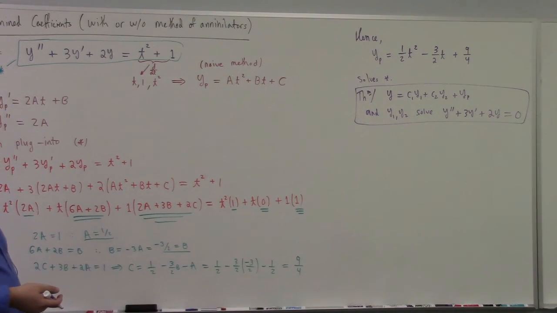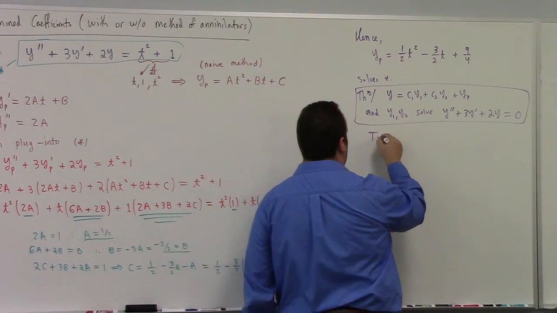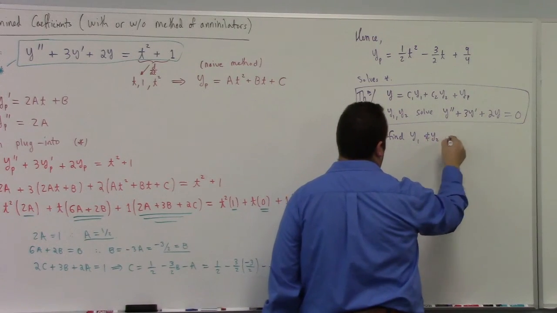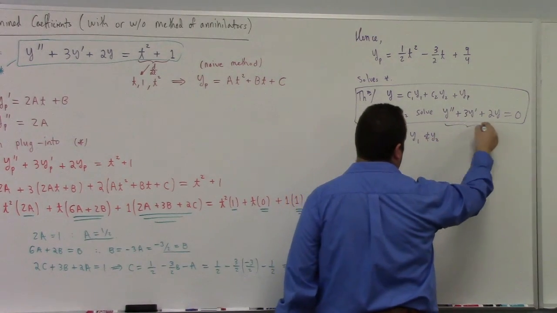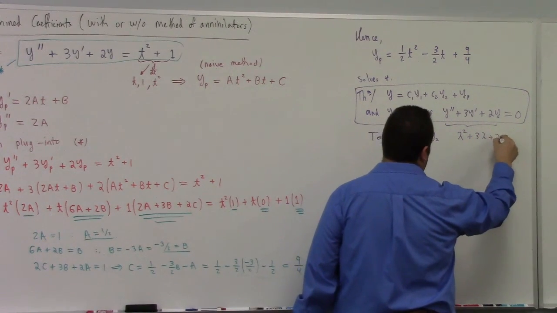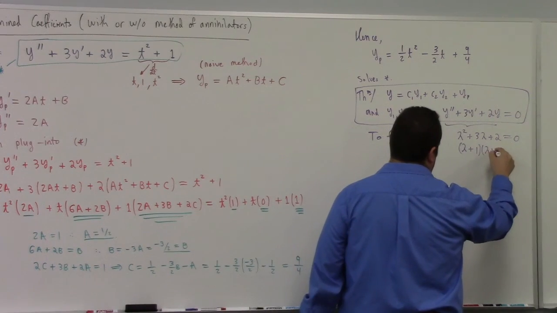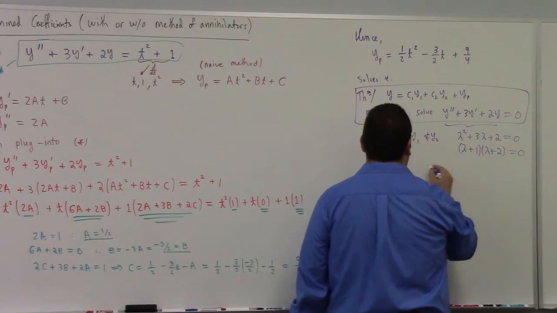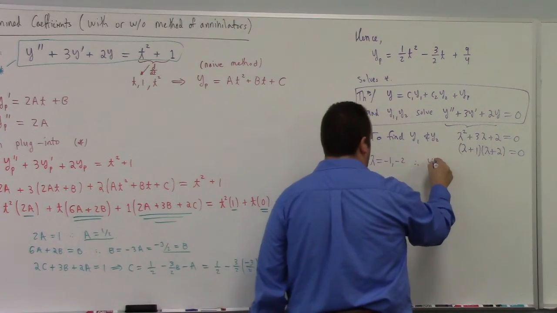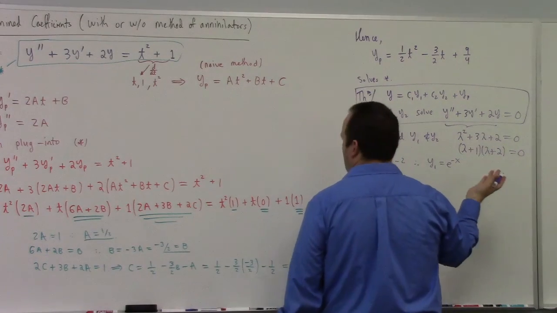So what are y1 and y2? We can look at the characteristic equation lambda squared plus 3 lambda plus 2 equals 0, which is lambda plus 1 times lambda plus 2. So we get characteristic values minus 1 and minus 2, y1 e to the minus x. X, good grief. Don't do that.